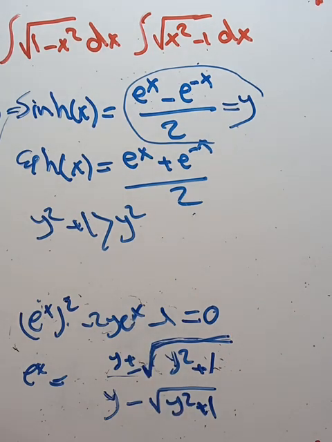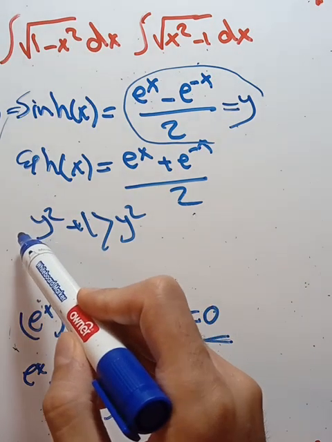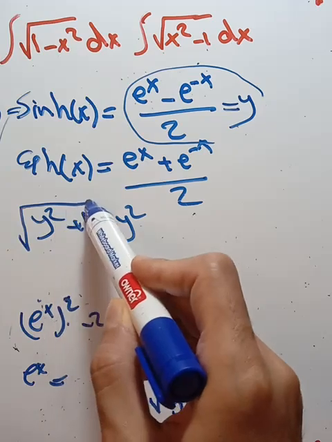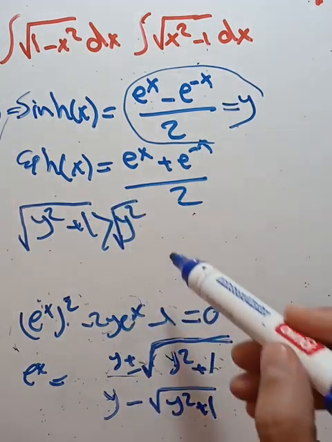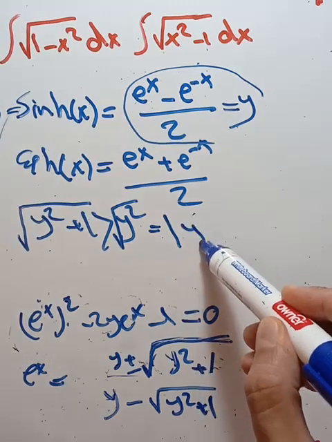So this is bigger than this, and it is the absolute value of y.